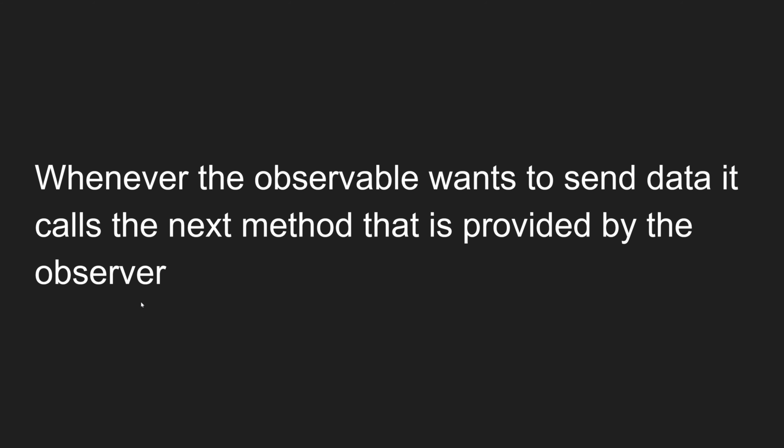You need to understand this. The observer is calling the subscribe method with next, error and complete. So whenever the observable wants to send data, it needs to call the next method that has been sent by the observer. So the observable will call the next method by sending the data.